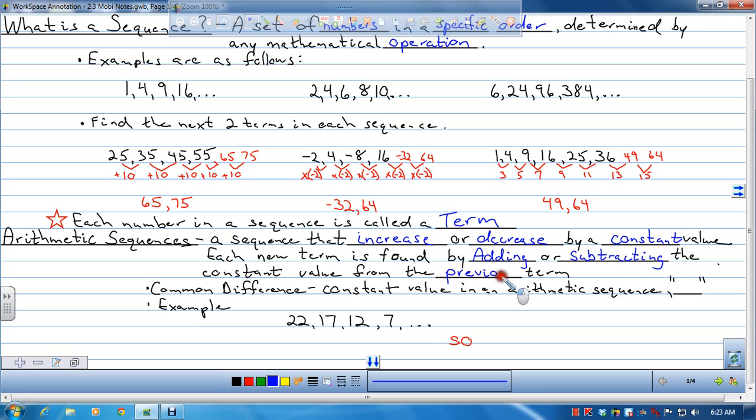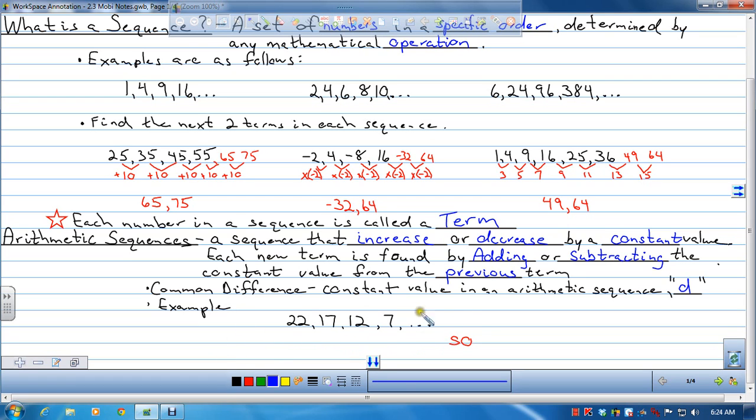Okay, so in order to get the next term, I have to adjust somehow by either adding or subtracting from the previous term. That common difference, or that constant value that we are either going up by or down by, we will refer to as D, because we call it the common difference.